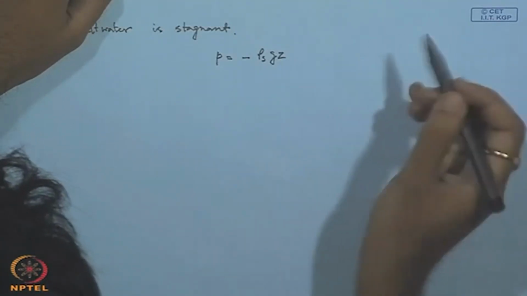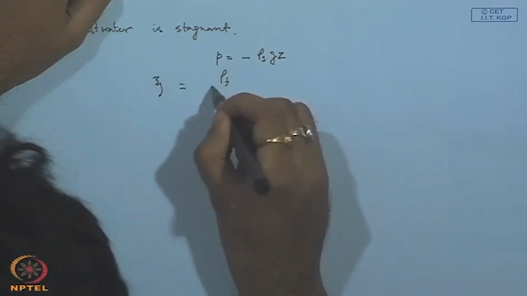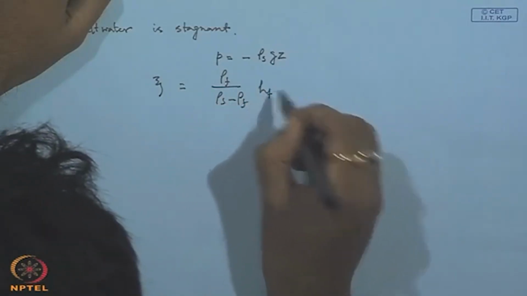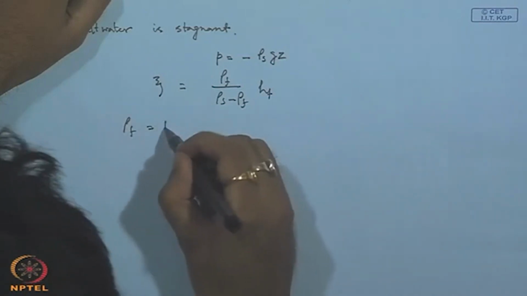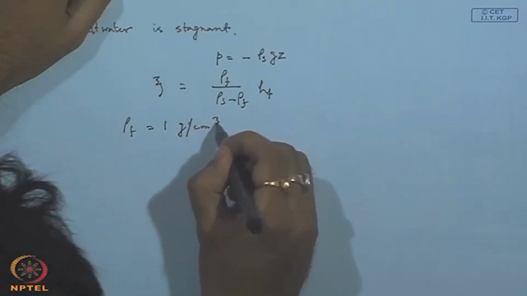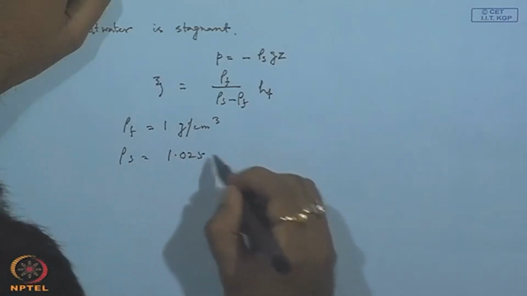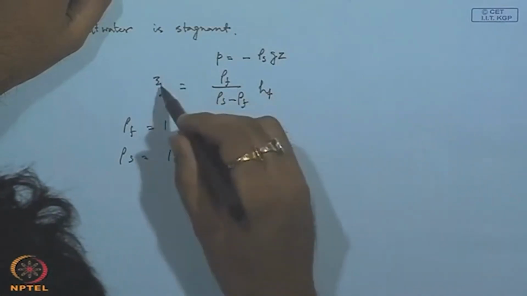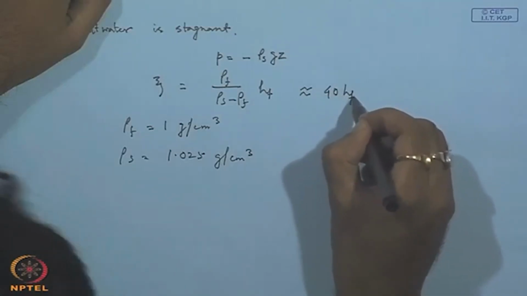So, further from our previous equation we can write that h_s equals rho_f by rho_s minus rho_f into h_f. If we consider our rho_f equals to 1 gram per centimeter cube and rho_s as 1.025 gram per centimeter cube, then we will see that this value is approximately 40 times h_f.